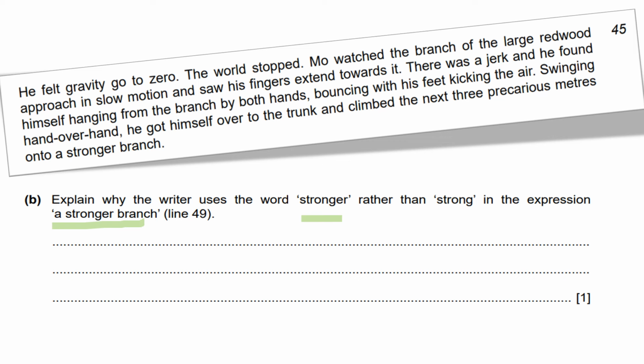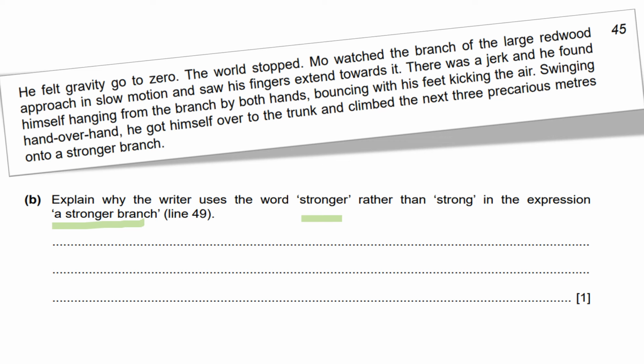Now look at this. There was a jerk and he found himself hanging from the branch by both hands, bouncing with his feet, kicking the air, swinging hard hand over hand.